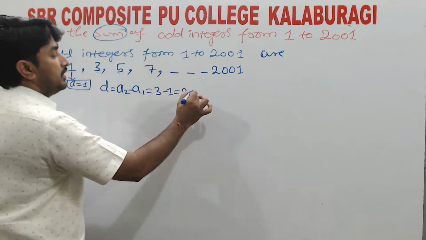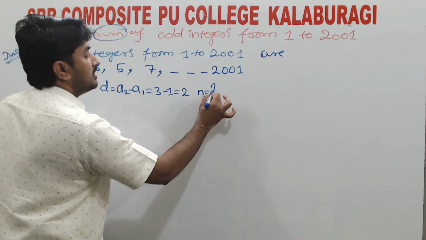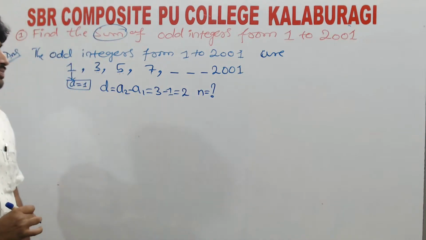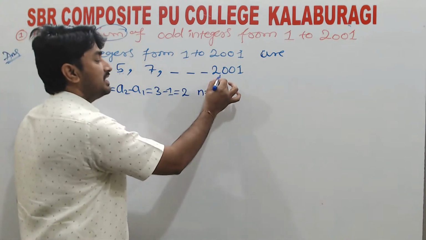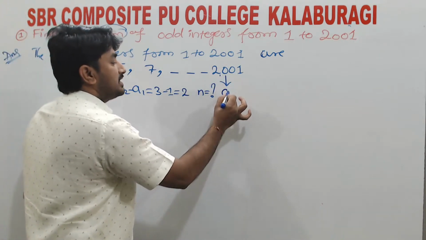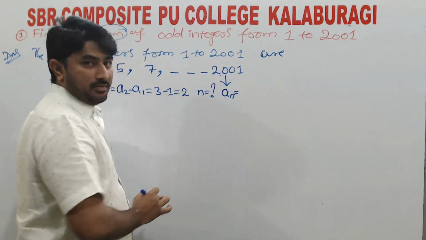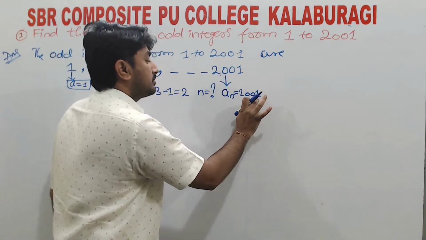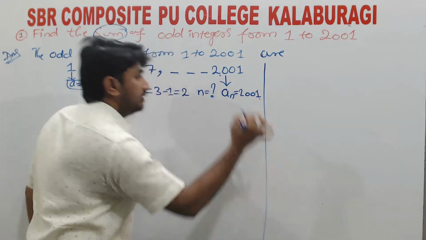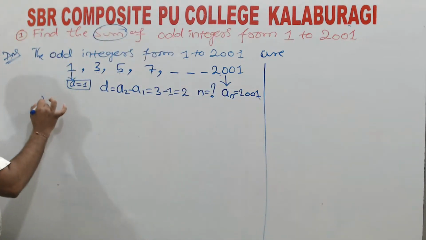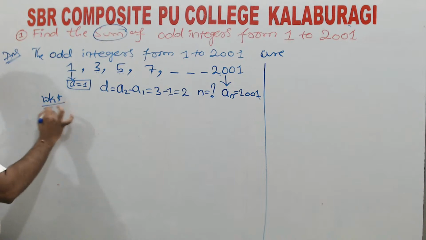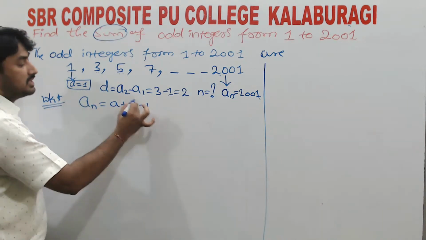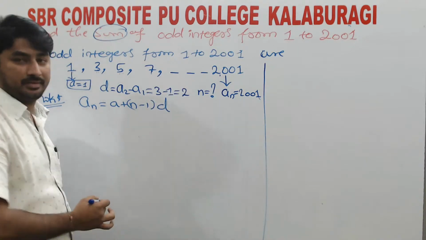Next, we don't know the number of terms, so first find the number of terms. The last term, the nth term, is given as 2001. We know that the nth term is an equals a plus n minus 1 into d.